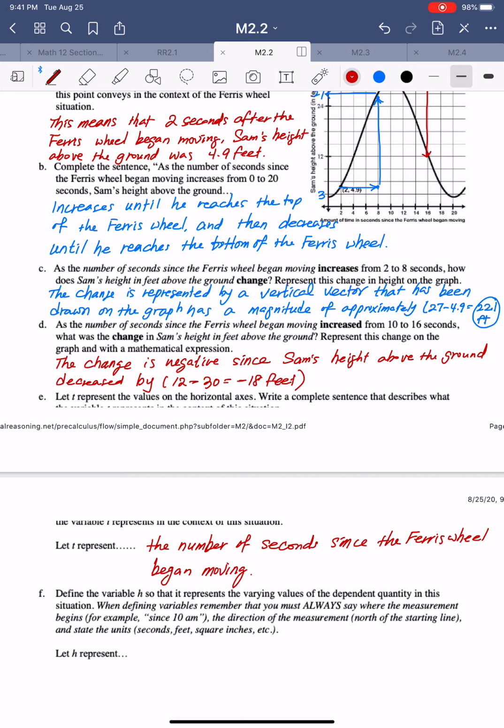And then F, define the variable h, which is the vertical axis, so that it represents the varying value of the dependent quantity in this situation.